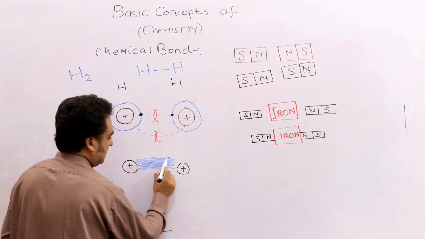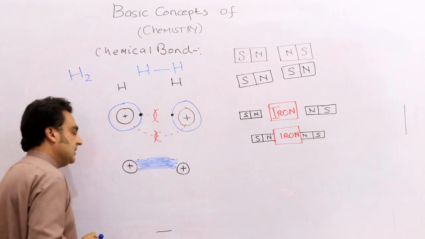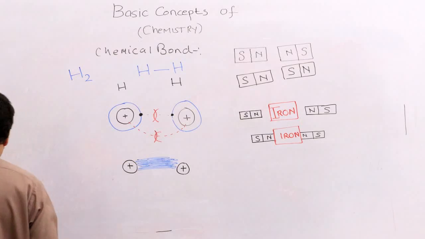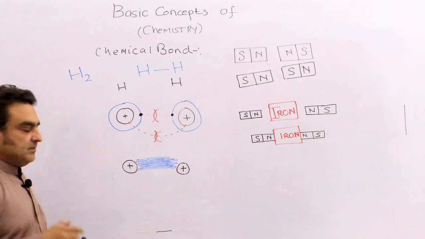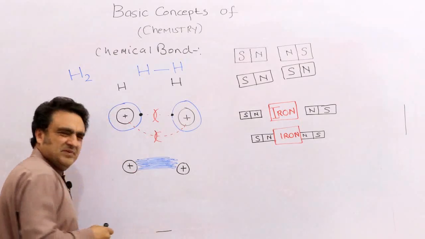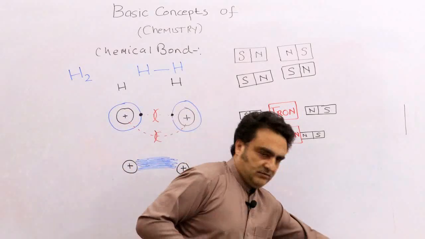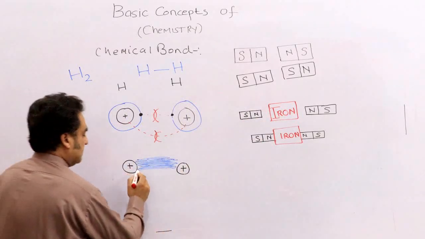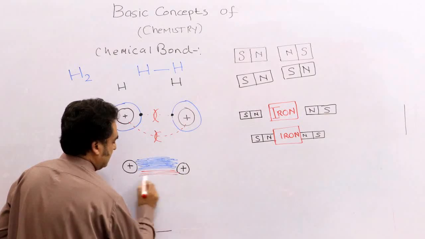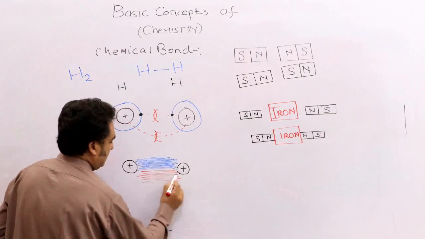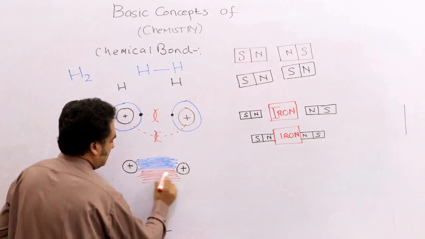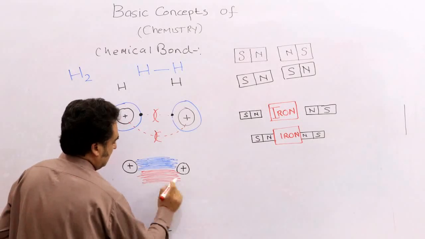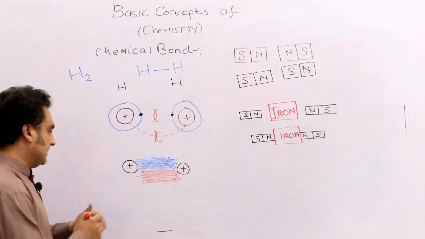This is a little bit analogous to the atom. And what about the other electron, the black one? Let me write it with red, so it will be good. So it is moving again here. So what's happening? You might be seeing that this is an electron cloud and this is an electron cloud.